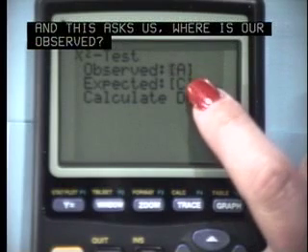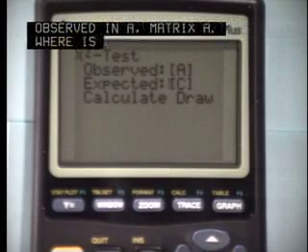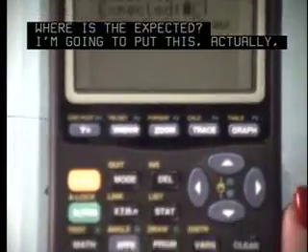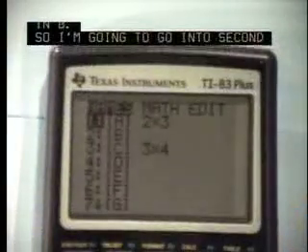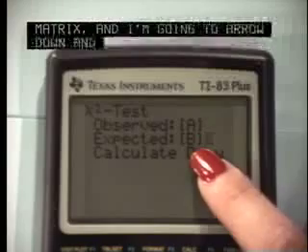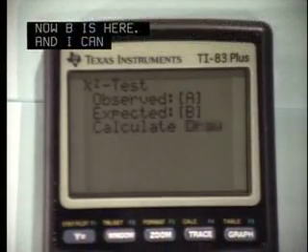I'm going to put the observed in matrix A. Where is the expected? I'm going to put this in B, so I'll go into second matrix and arrow down and put the name. Now B is here. I can either calculate or draw, and I think I'll draw this time.